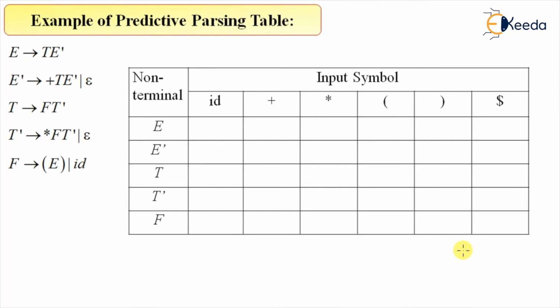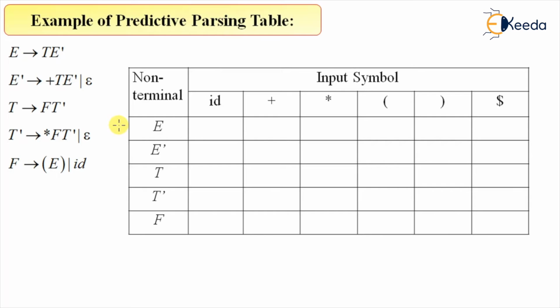Now we'll discuss this example, the construction of the predictive parsing table. I have taken a grammar for which we have already computed the first and follow sets, and we'll fill this table, the non-recursive predictive parsing table.